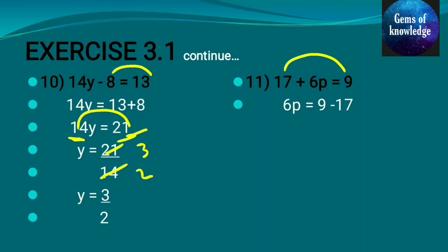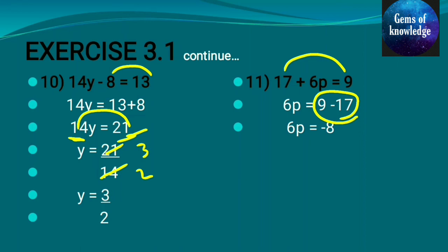No. So obviously what you have to do is put the bigger number's sign, and always subtract the smaller number from the bigger number. So you have to do 17 minus 9. You are going to get 8, and always put the bigger number's sign. So you will get 6p is equal to minus 8.